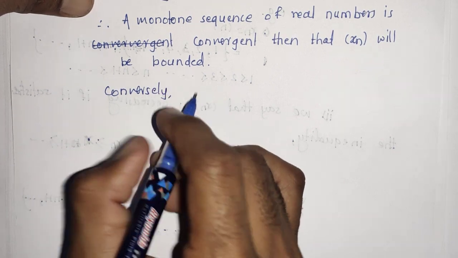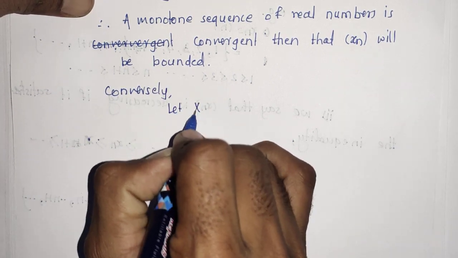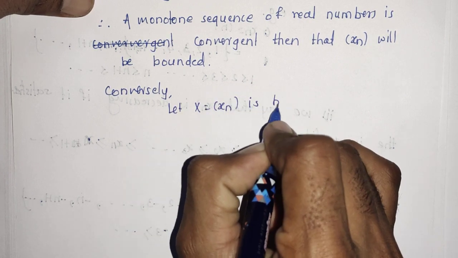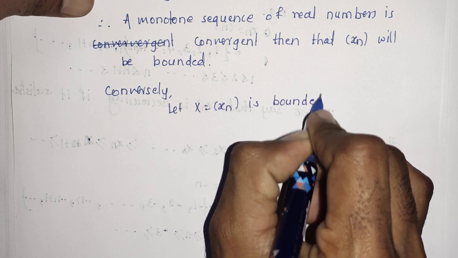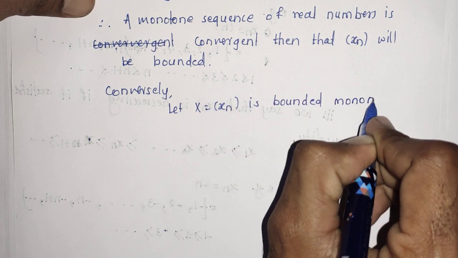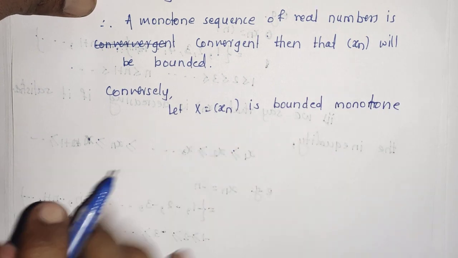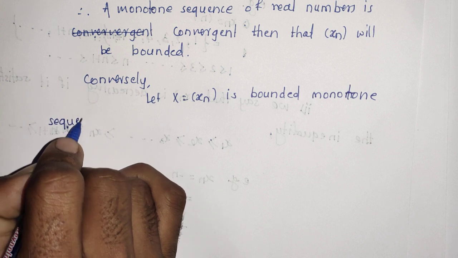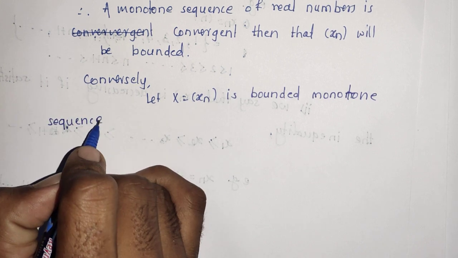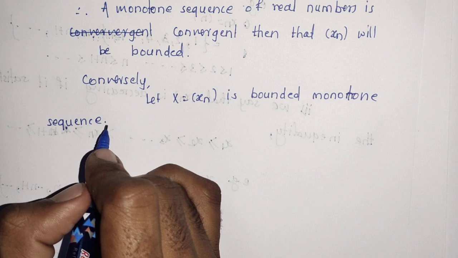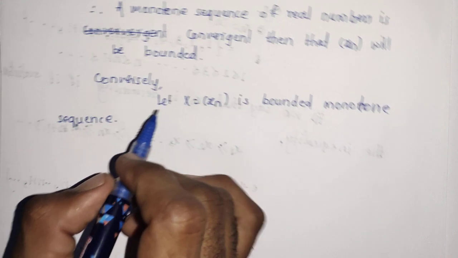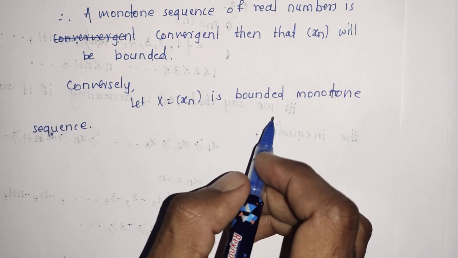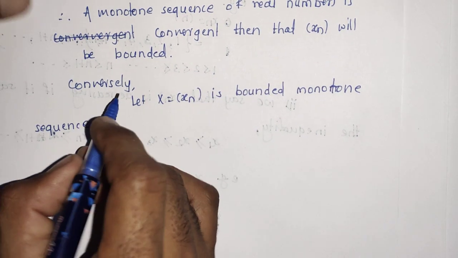Conversely, if x equals xn is a bounded monotone sequence, then bounded monotone means that the sequence is bounded, but that sequence will be either increasing or decreasing.